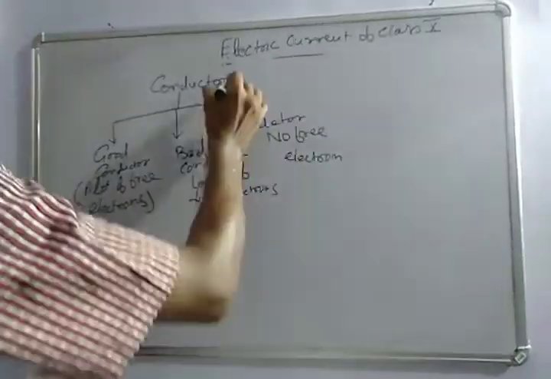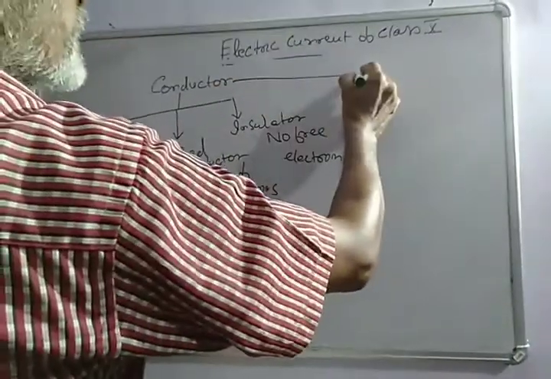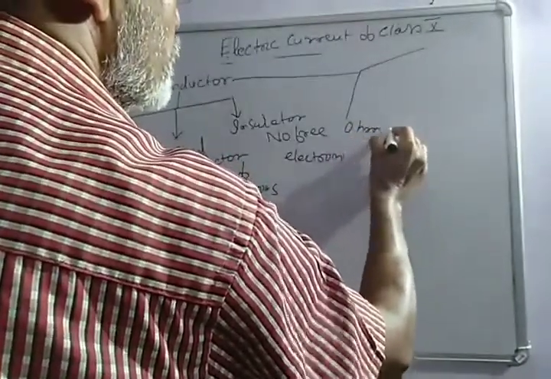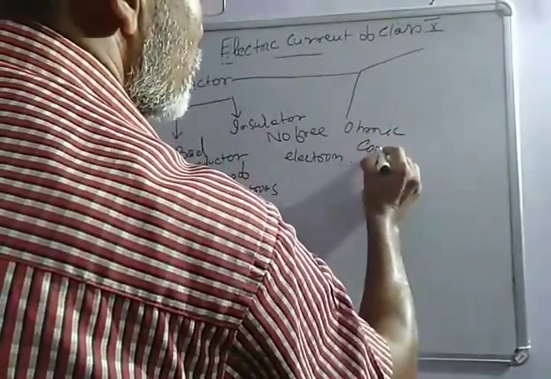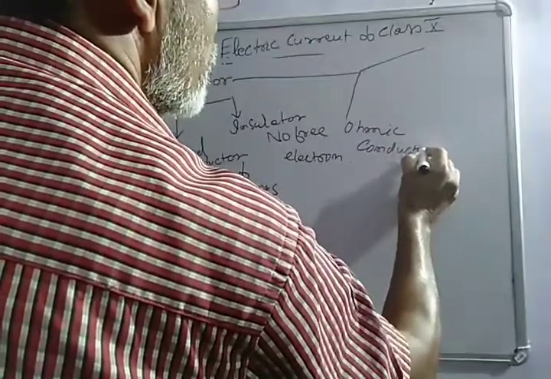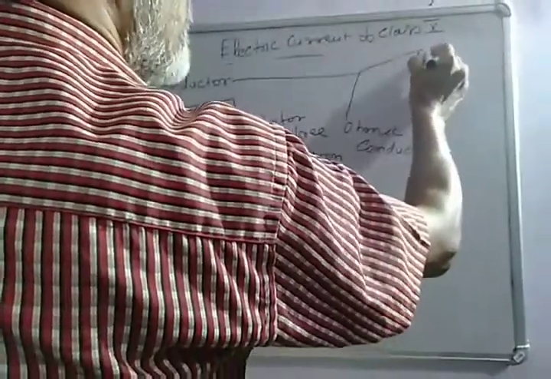Now these conductors are again divided into two categories: ohmic conductors and non-ohmic conductors.